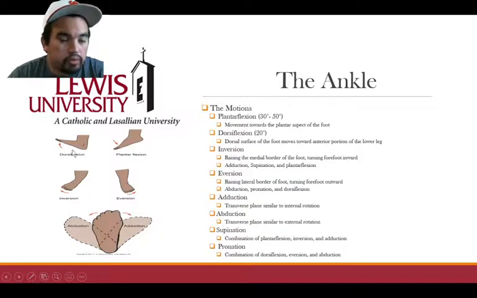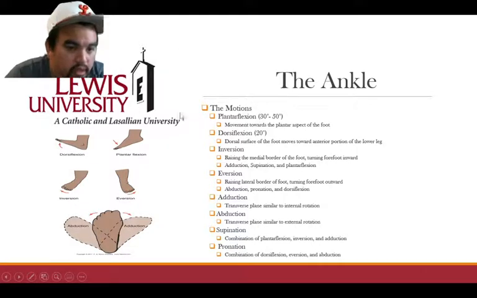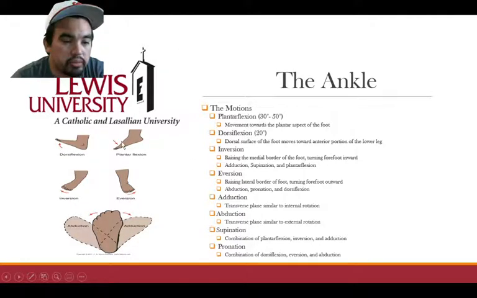Motions. So if you look here at top left, we have dorsiflexion. So the dorsum of the foot is flexing. It's coming towards the tibia. Okay, so the top of the foot comes up. Then we have plantar flexion. And plantar flexion is when we push down. So you plant your foot, if you think of it in a sports analogy, you plant your foot, you push down into the ground.